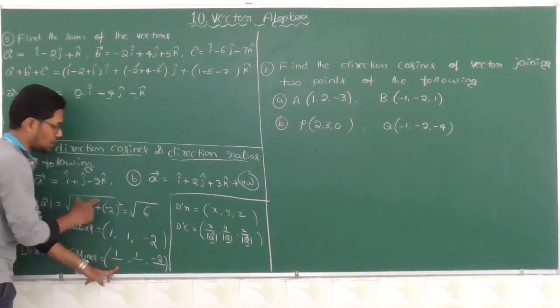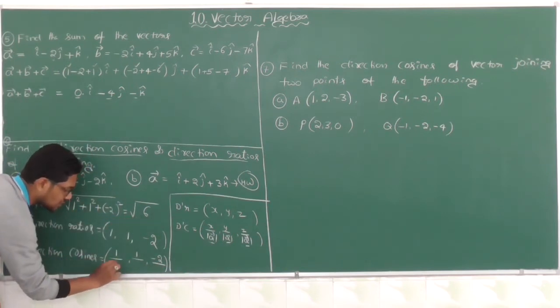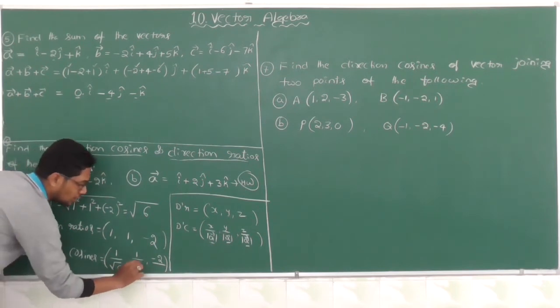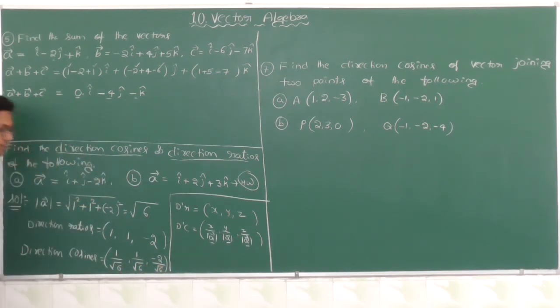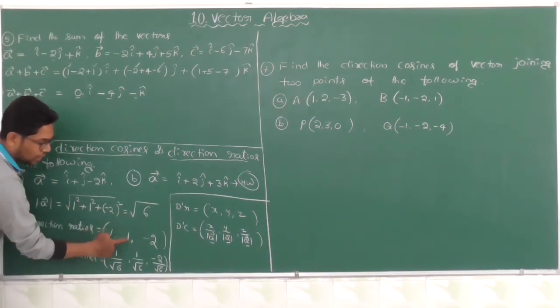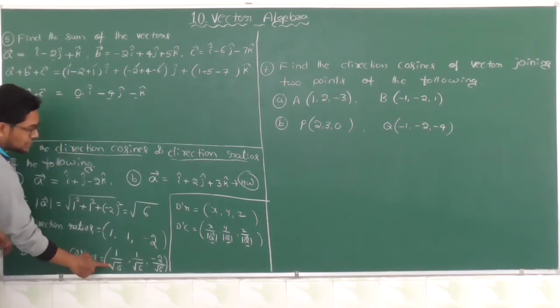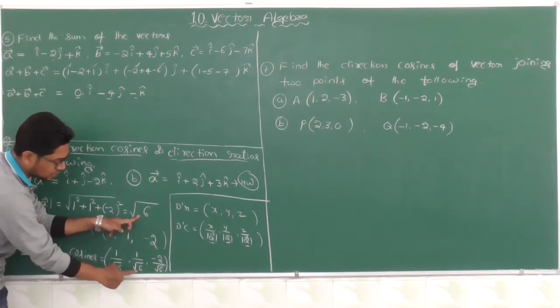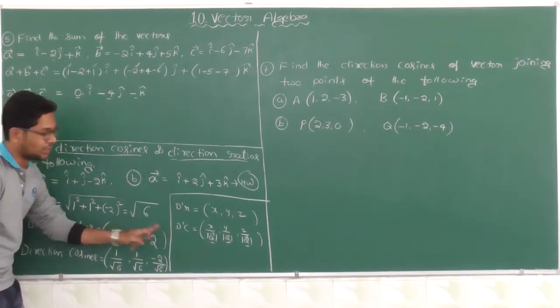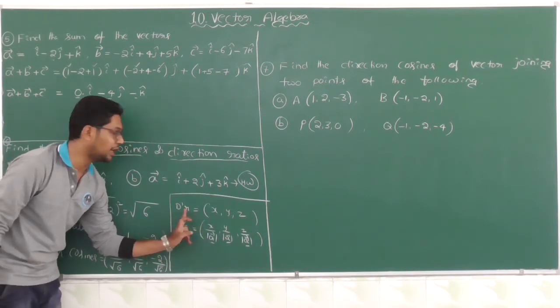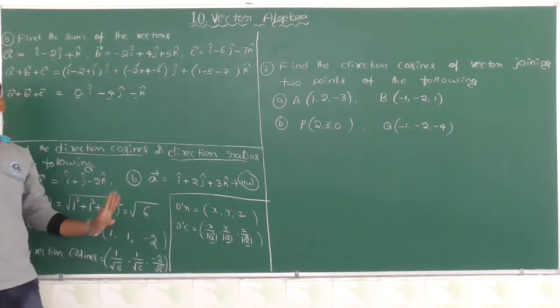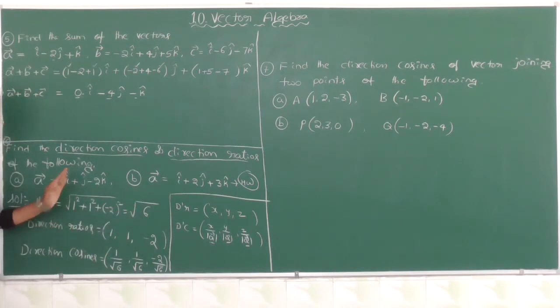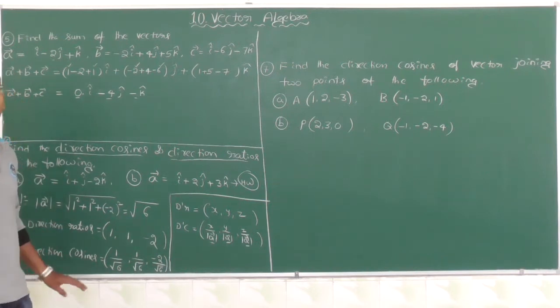The magnitude is root 6, the square root of 6. So the direction cosines are 1 by root 6, 1 by root 6, -2 by root 6. This is the procedure to find the direction ratios and direction cosines of the given vector.